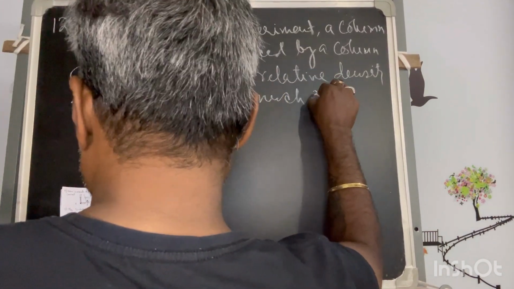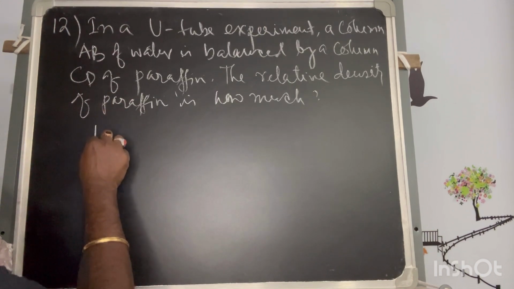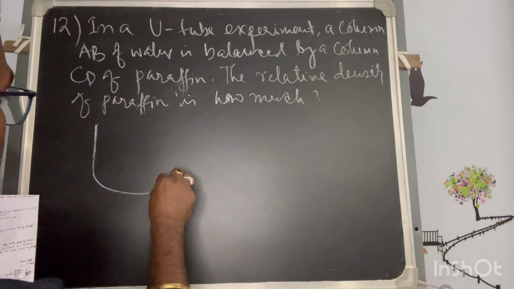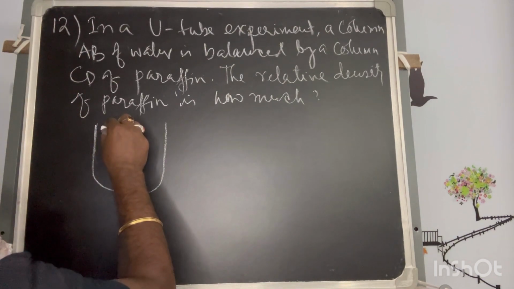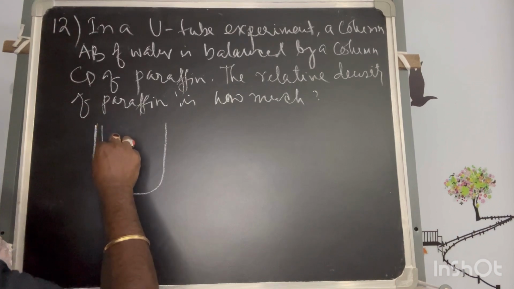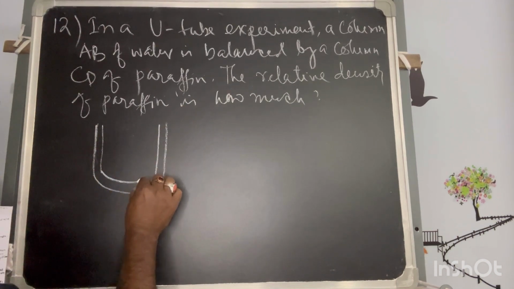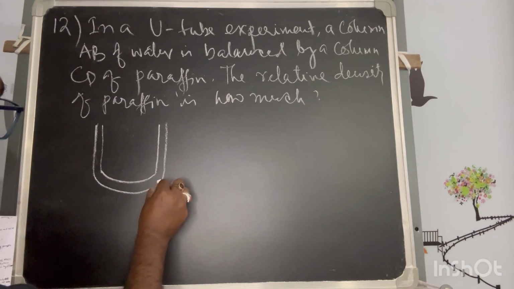Okay, now let me draw the U-tube for you. The U-tube given in the sum is described as this with the two arms, and it is merged with this. Okay, fine.